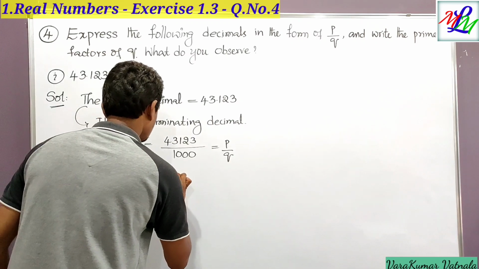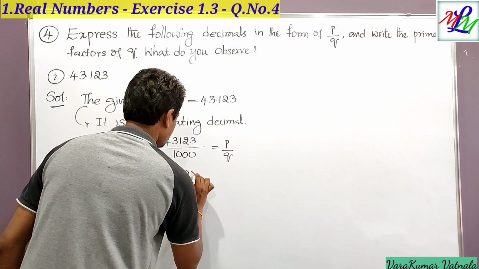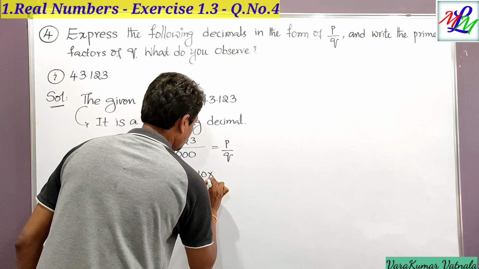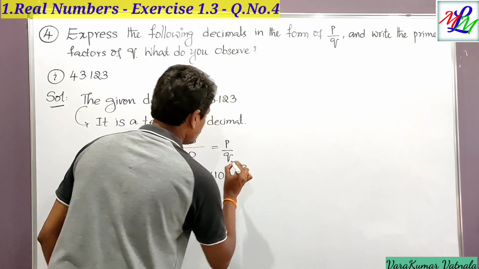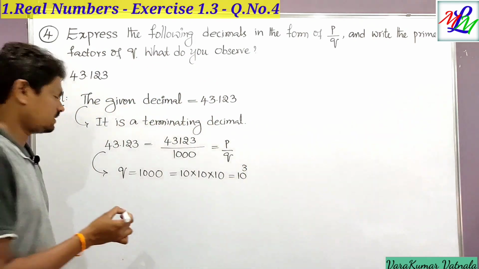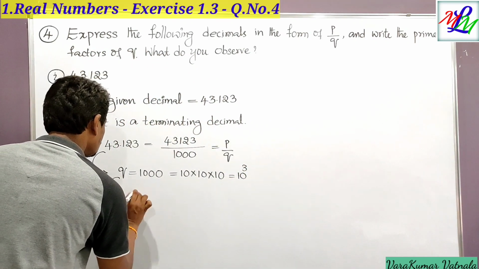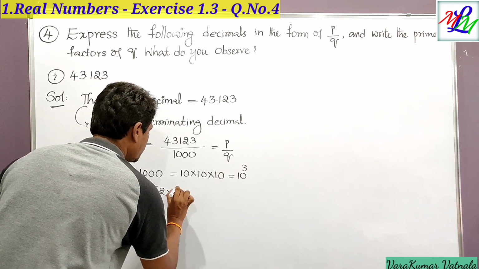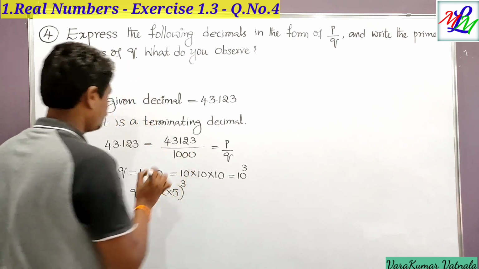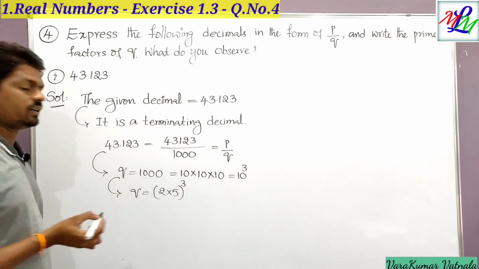This 1000 can be written as 10 into 10 into 10, that is 10 to the power 3. There are three tens. Therefore q is equal to (2 into 5) whole to the power 3. These are the prime factors.